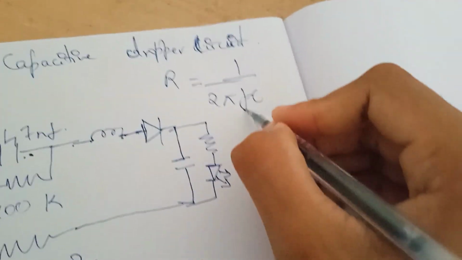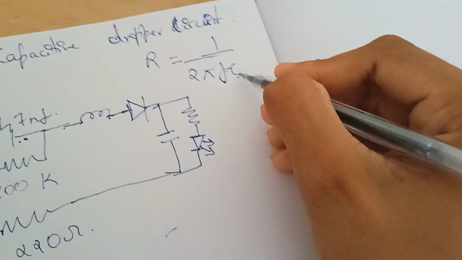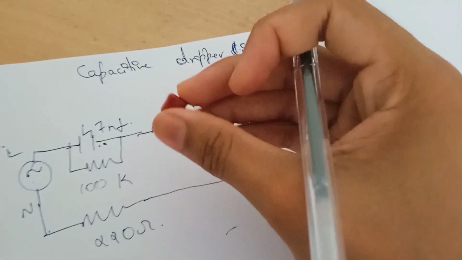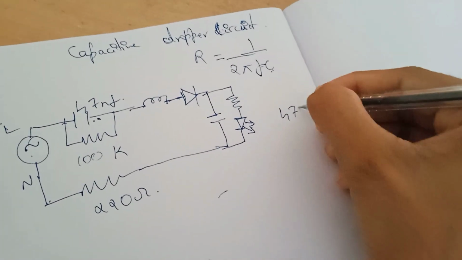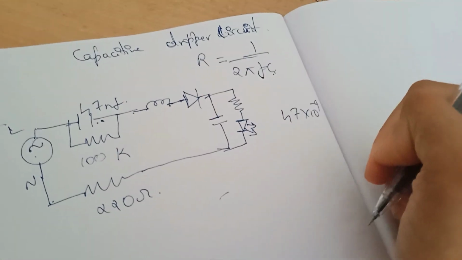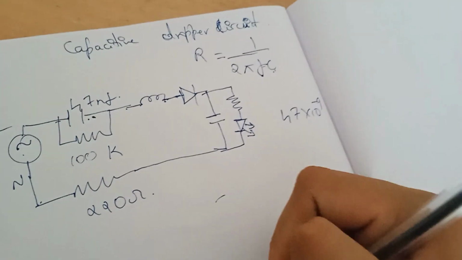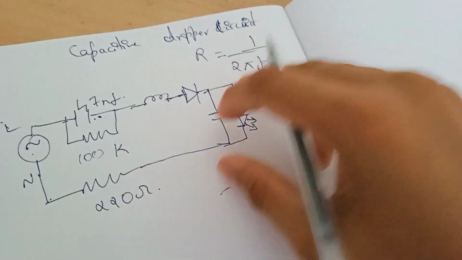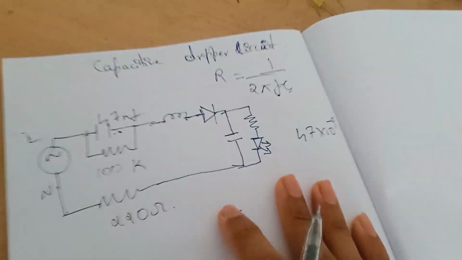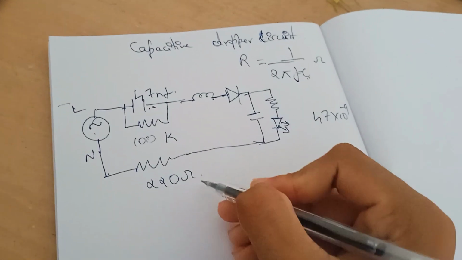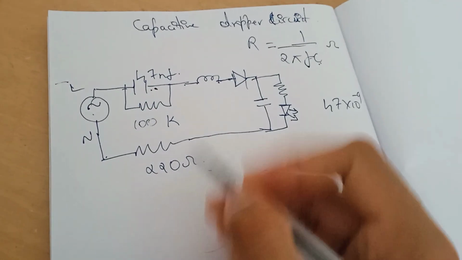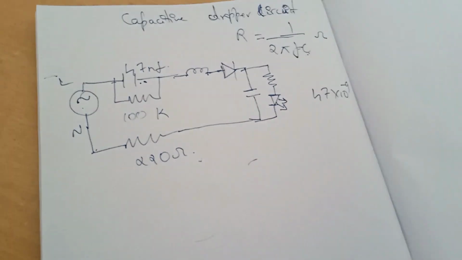In India we have 50 hertz, and C is the capacitance of the capacitor. Here we have 47 nanofarad, which is 47 into 10 power minus 9. You simply put in the values and you will get the reactance in ohms. It will be quite large.